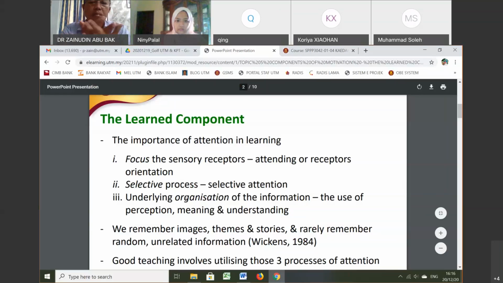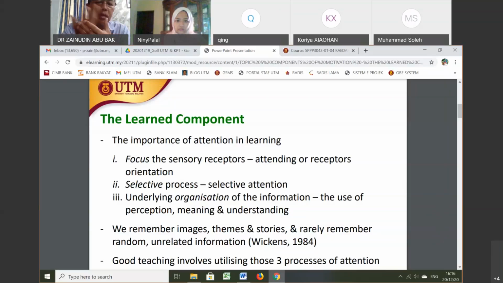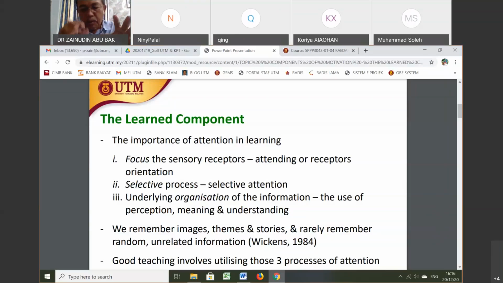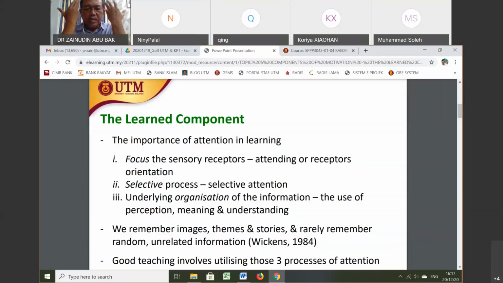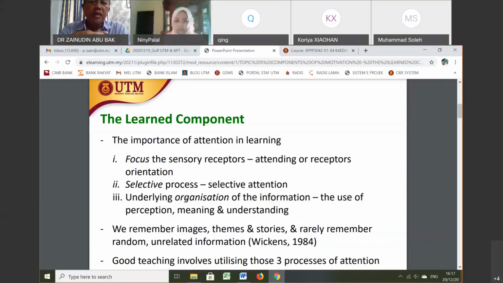How we make sure that the individual can attend to the stimulus or teaching, and then start to select which information is necessary, and then finally try to relate to the thinking processes.